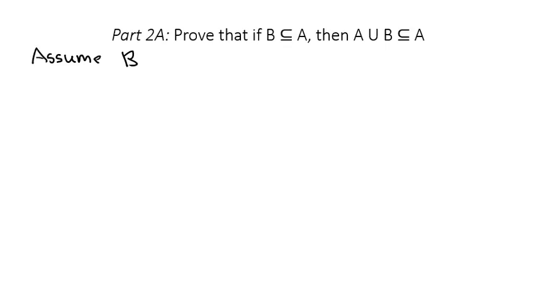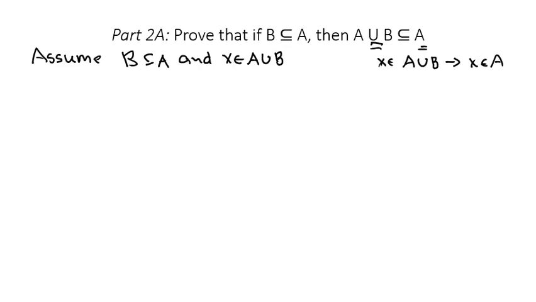Assume that B is a subset of A. To show that A union B is a subset of A, we want to show that if X is in A union B, then X is in A. So let's assume X is an element in A union B. If we can show it must be in A, then we know that A union B is a subset of A.